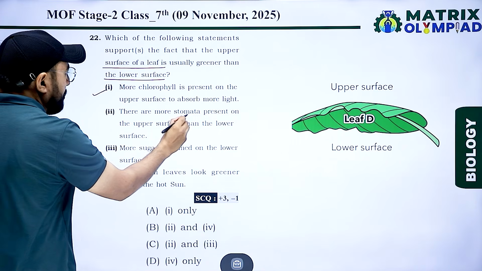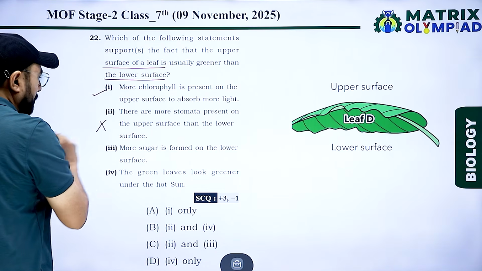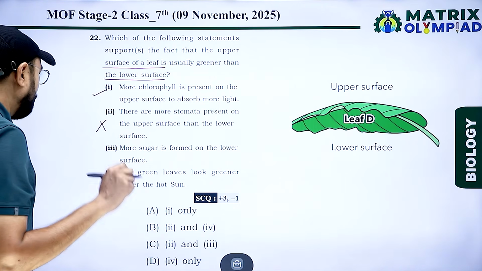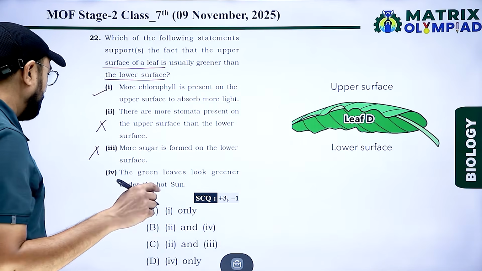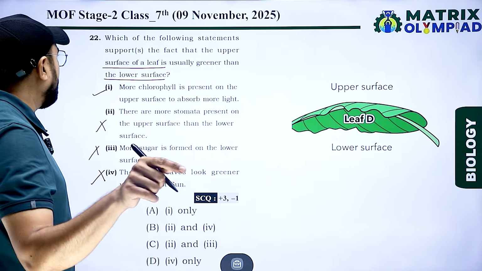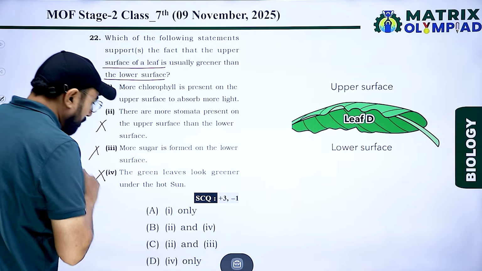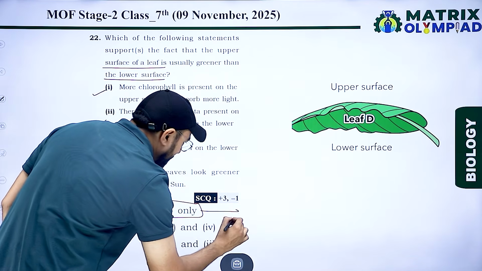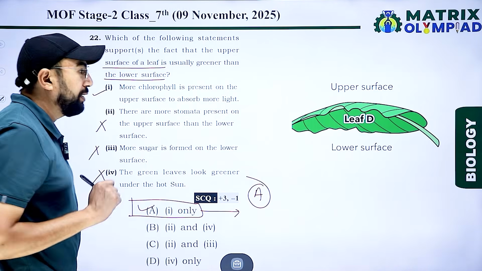There are more stomata present on the upper surface, lower surface, no. More sugar is formed on the lower surface, no. The green leaf looks greener under the hot sun, no. So option A, only the first statement is right.